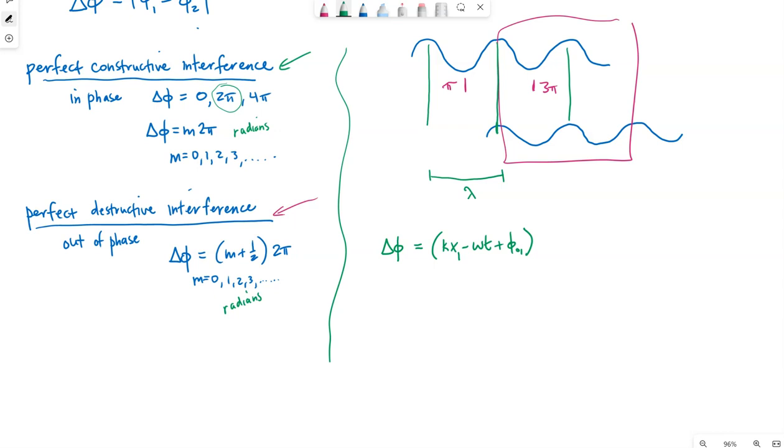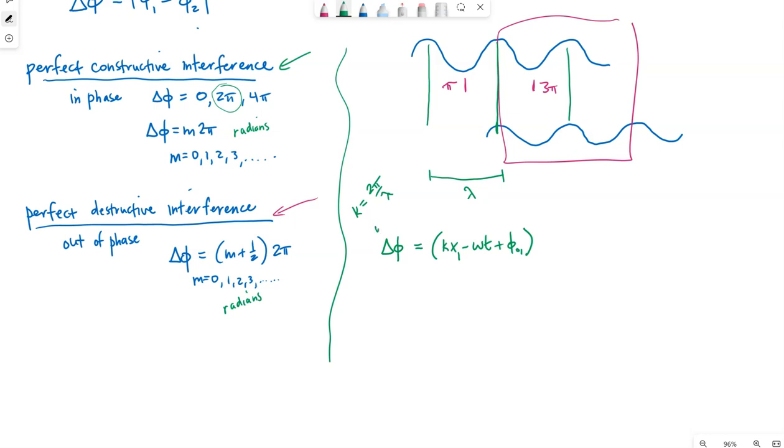Now, I did not put it on k or omega or t, and that's because to get these situations of perfect constructive or destructive interference, the waves have to be identical. And since k is the wave number, 2 pi over wavelength, they have the same wavelength. If they don't, we cannot get these perfect situations.